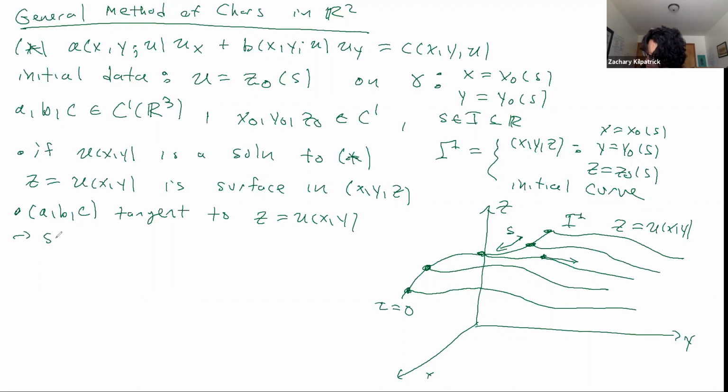The reason is that the function u(x, y) minus z, when that's equal to 0, is essentially our solution surface. If you take the gradient of this, you get the vector u_x, u_y, and minus 1.